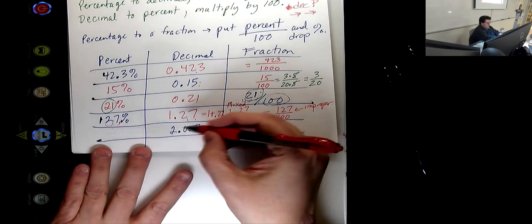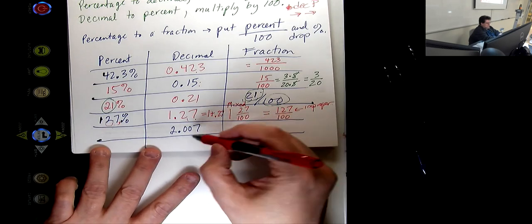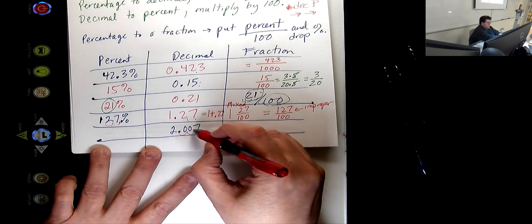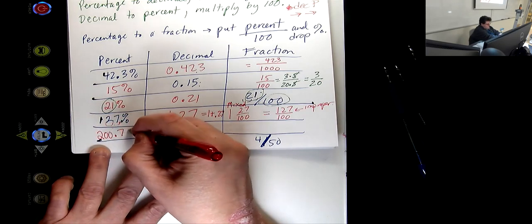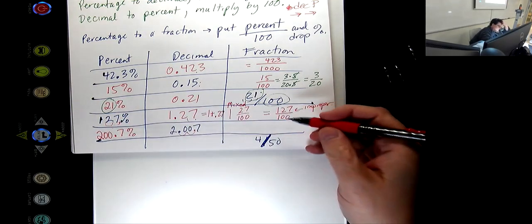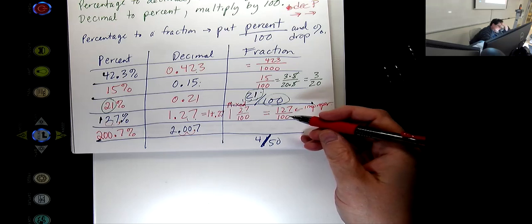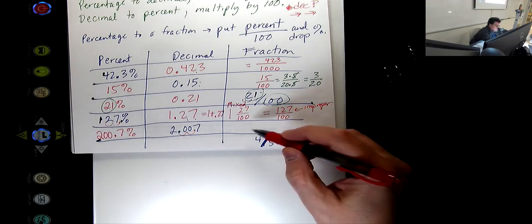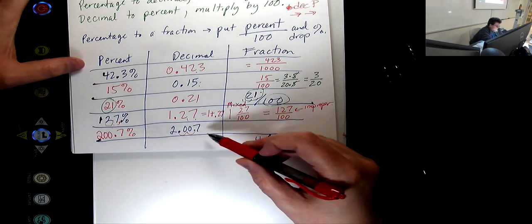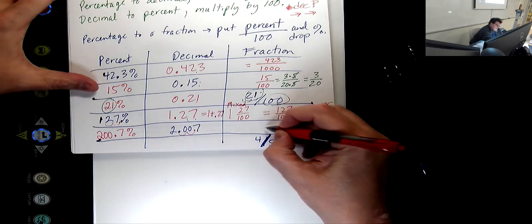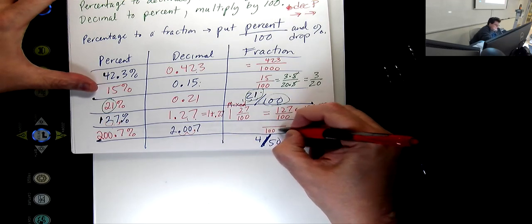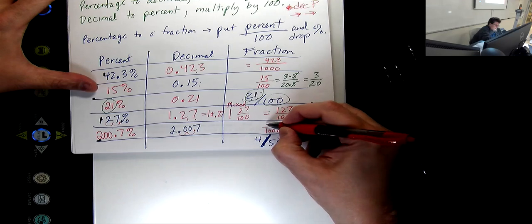On this one, if I want to go to the percentage, I move the decimal to the right twice. If I do that, I get 200.7%. And if I want to go to a fraction, I count the decimal places, there's 3. I can put this over 1,000 and put the number on top without the decimal.